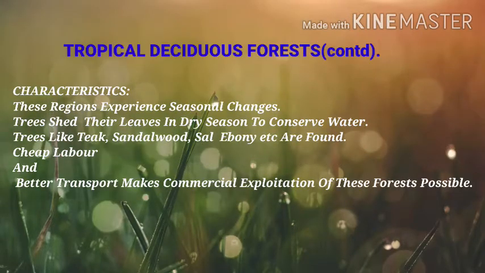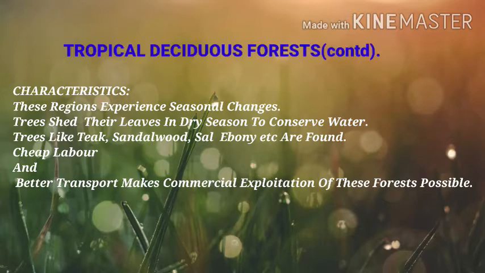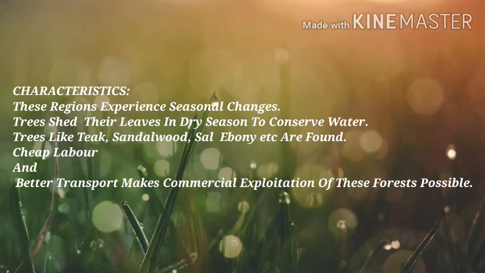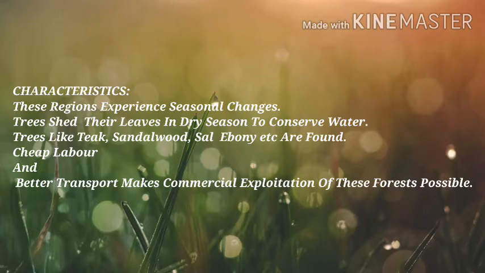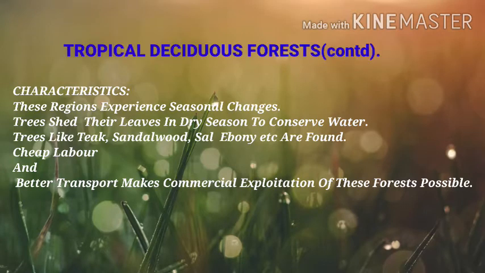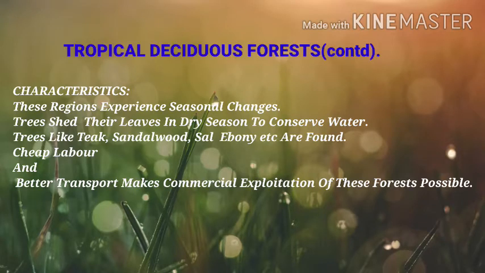The characteristic features of these forests are that they are regions which experience seasonal changes. The trees of these forests shed their leaves in the dry season to conserve water. Trees like sandalwood, teak, sal, ebony, bamboo, etc. are common trees found here and are commercially important.